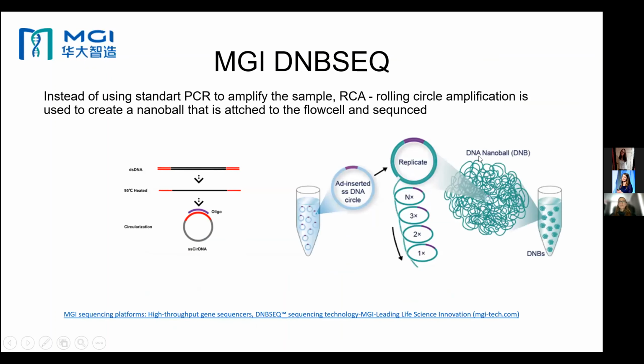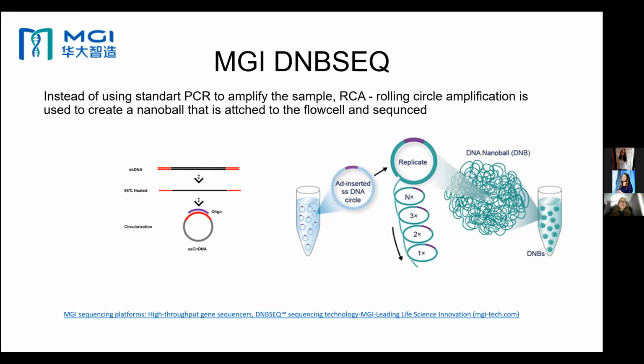The next is MGI DNBSEQ technology, and the difference from the previous is that instead of using standard PCR to amplify the sample, rolling circle amplification is used. In library prep, after DNA is fragmented, adapters are added.